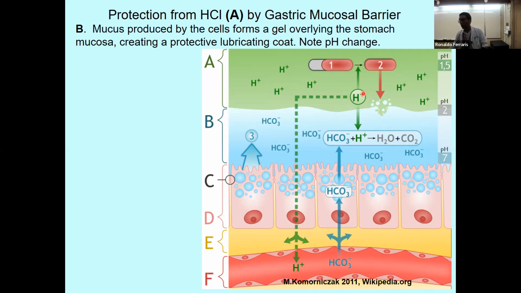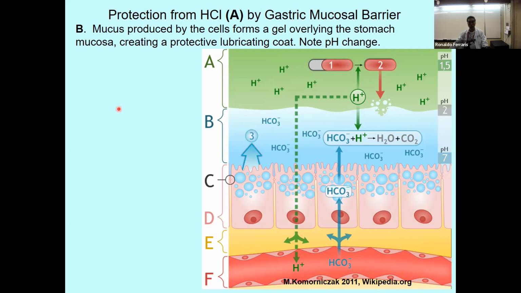A pH of 1 or 2, you could put probably a nickel there. Eventually, the iron, these metals will melt because it's so very acidic. Yet we survive that secretion mainly because of this mucus layer.